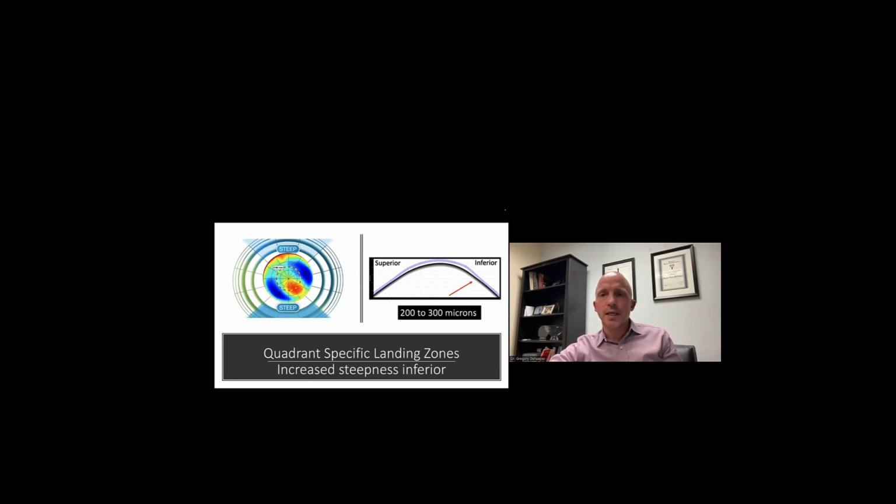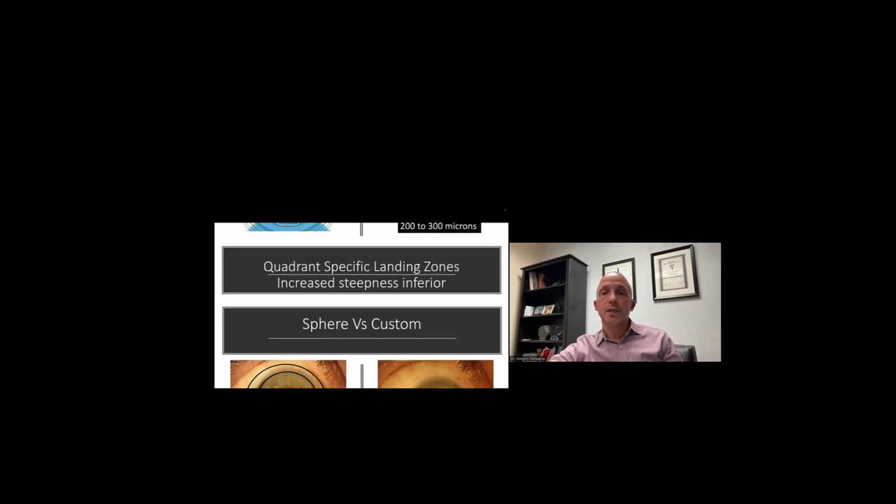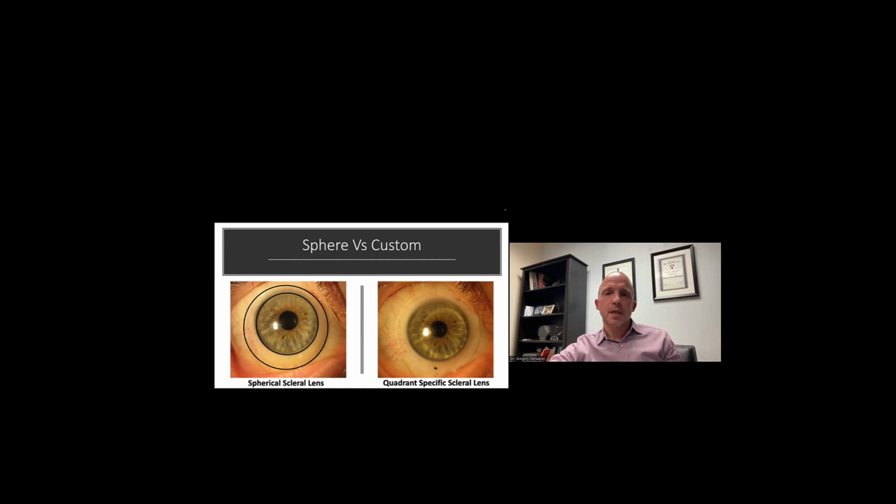If we look at the study data, on average, that's going to be between 200 to 300 microns steeper in the inferior quadrant. So if we go back to our patient, to the left is her eye with the spherical landing zone, and we have a decentered scleral contact lens. If we steepen up the inferior quadrant, then what we see here is a significantly improved, more central, better fitting scleral contact lens.